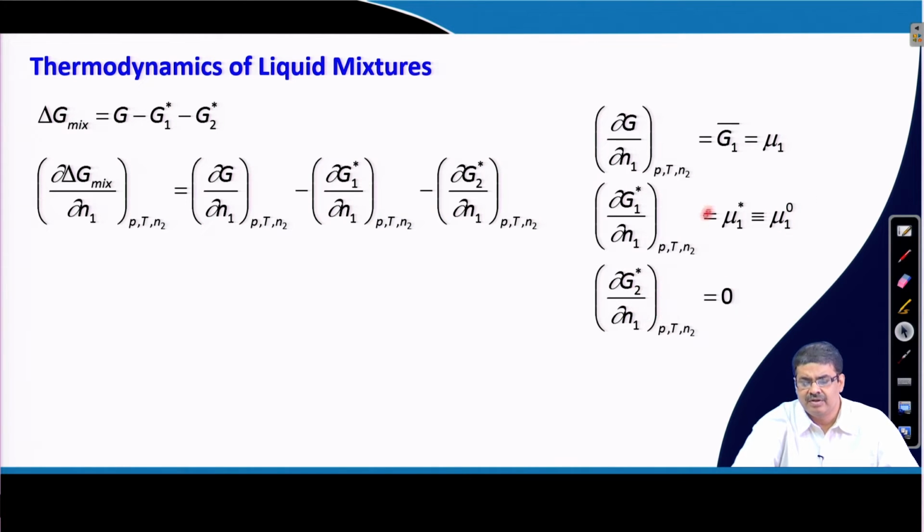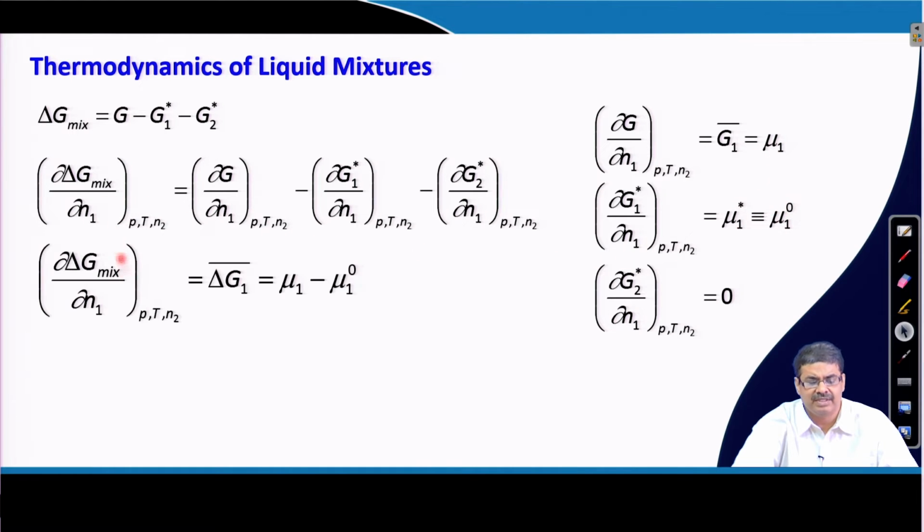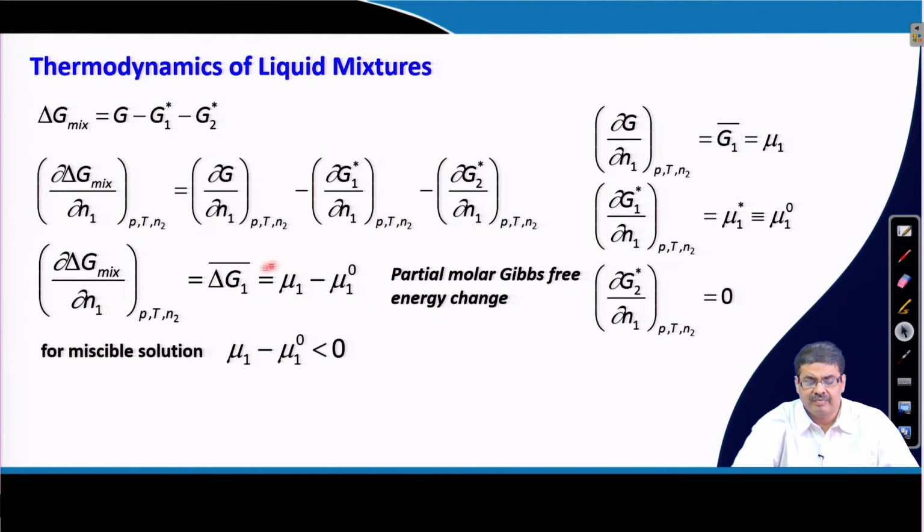Obviously, this is 0. So, if we plug these quantities into this expression, we get the right hand side equal to mu1 minus mu1 naught, and this we represent as the partial molar Gibbs free energy change. Now, we know at constant temperature and pressure, if this is negative, then the solution process is spontaneous.